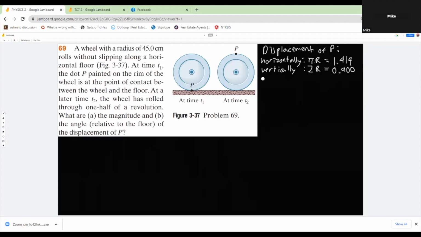Ano pa yung notation? Hindi, so ikaw mag-imbento. So may vector displacement na tayo.